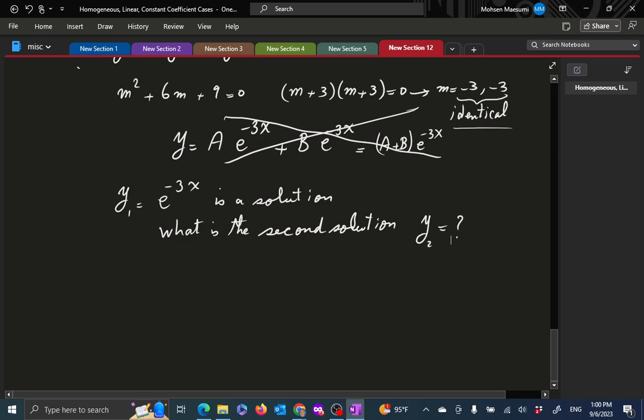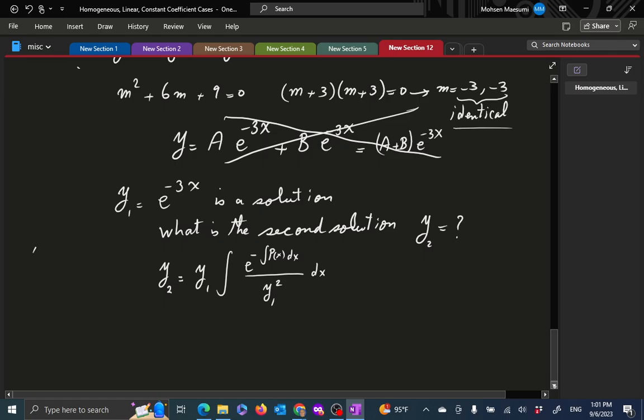But just to be short and brief, last time we said you can have y2 in terms of y1. We had a formula that we worked quite hard for getting: y2 equals y1 times the integral of exponential of minus integral of p of x dx, over y1 squared, dx.